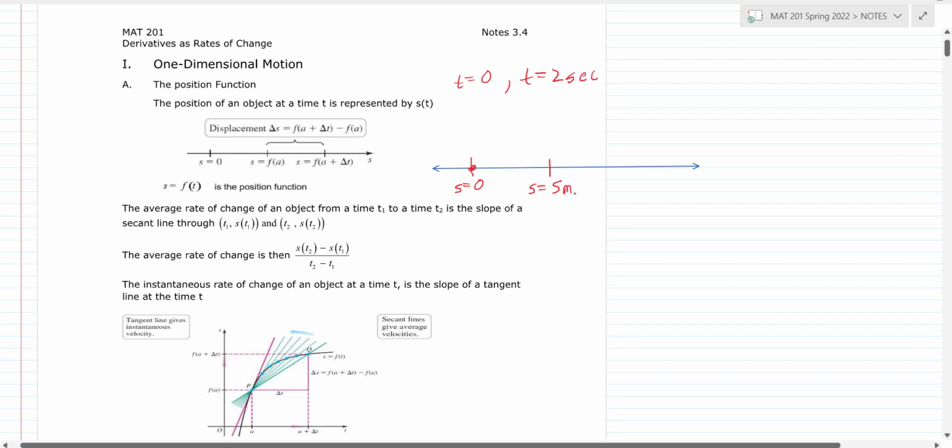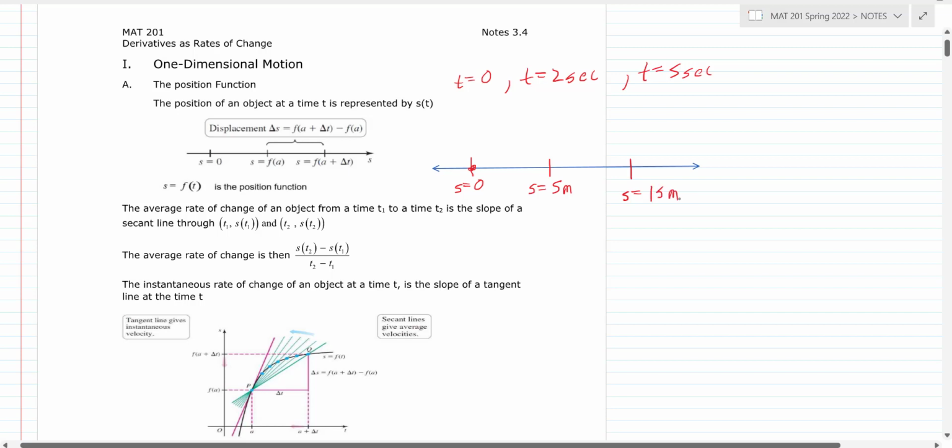So you can plot out a one-dimensional motion like this. And then let's say we have another time, like 5 seconds, and after those 5 seconds you have displaced, say, 15 meters.